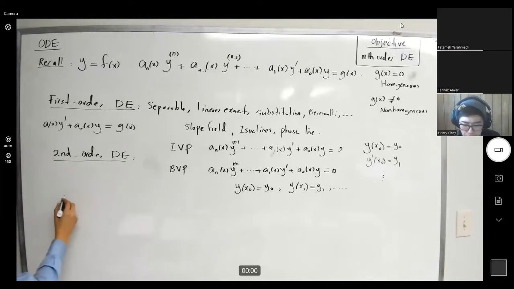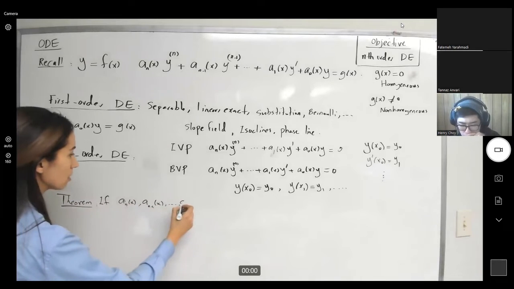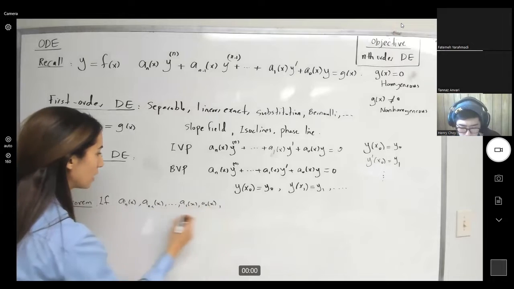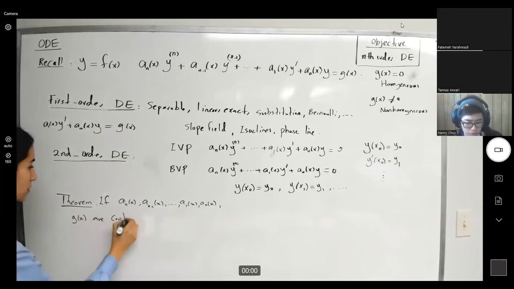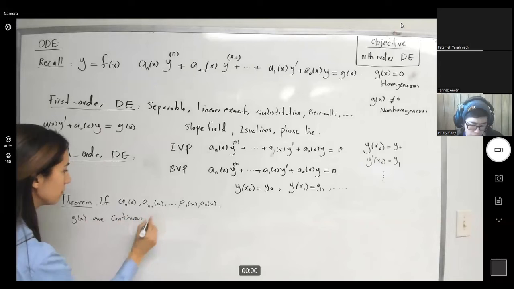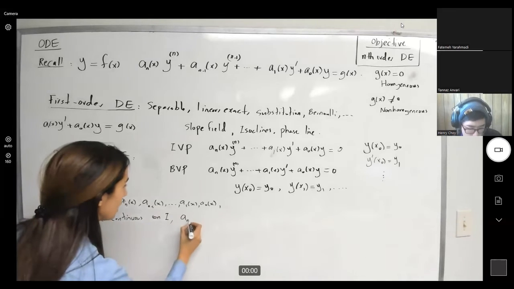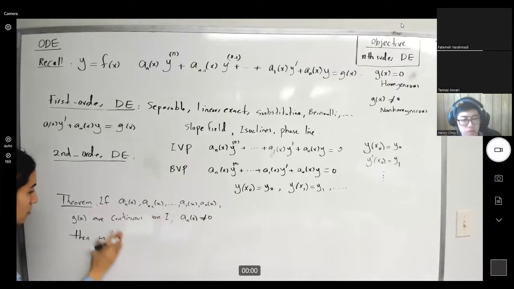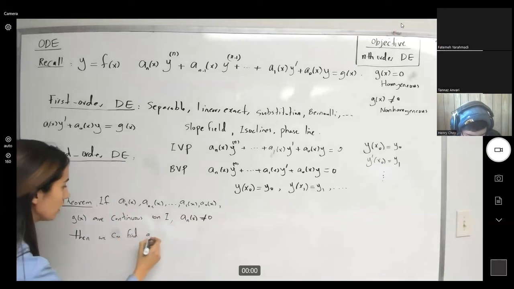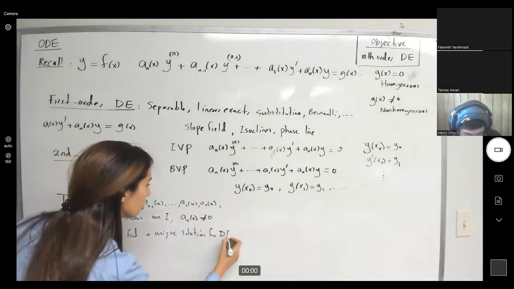So recall that our theorem says, if a_n(x), a_{n-1}(x), dot dot dot, a_1(x), a_0(x), and g of x are continuous on an interval, and with the condition that your leading coefficient a_n(x) is not 0, then we can find a unique solution for the differential equation.